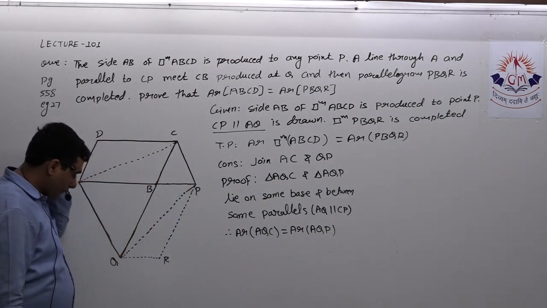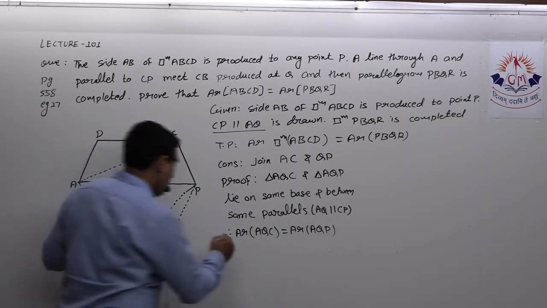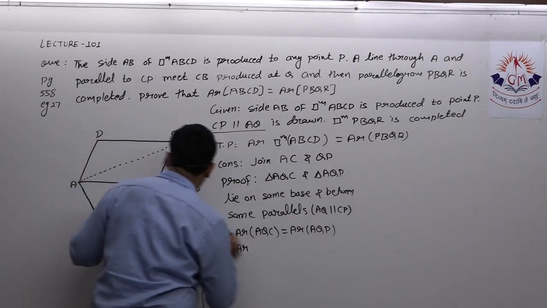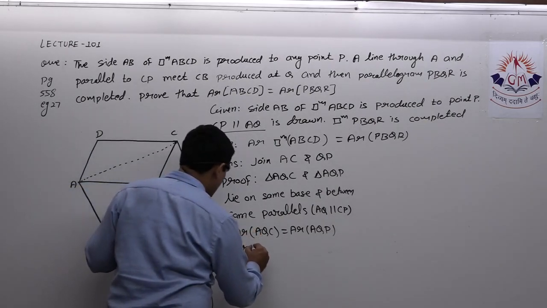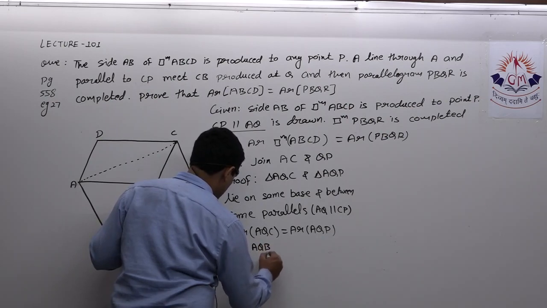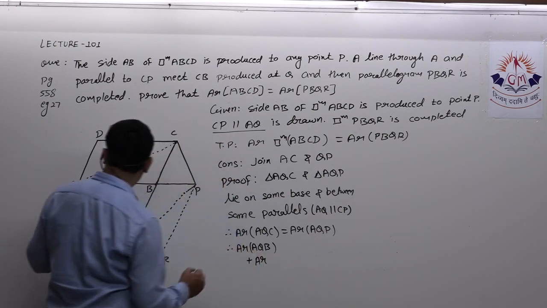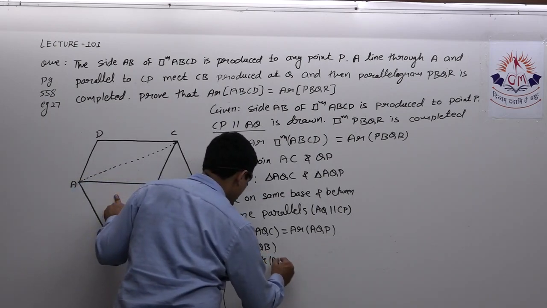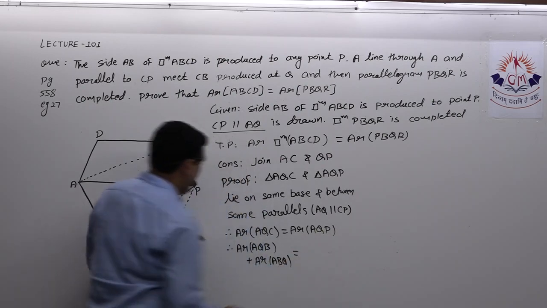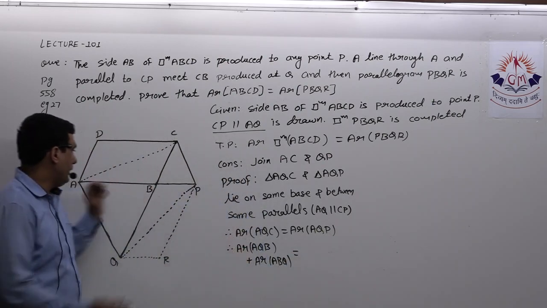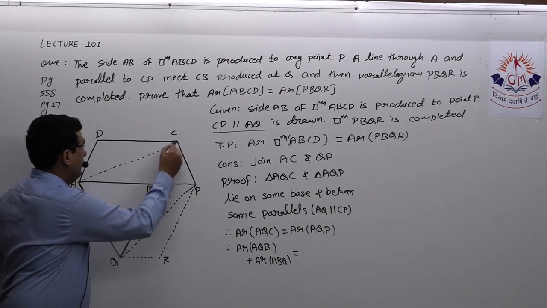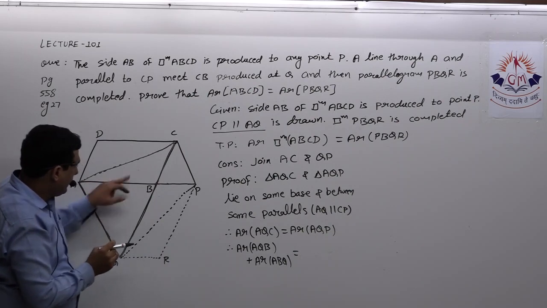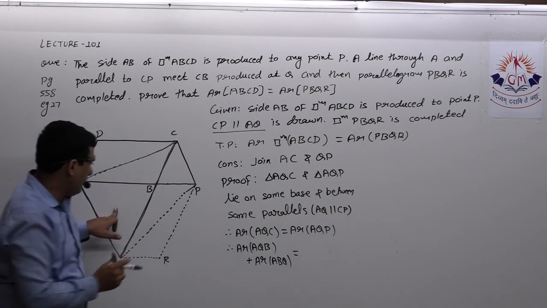Now from these two I am subtracting area ABQ. Area AQC is equal to area ABC plus area ABQ.